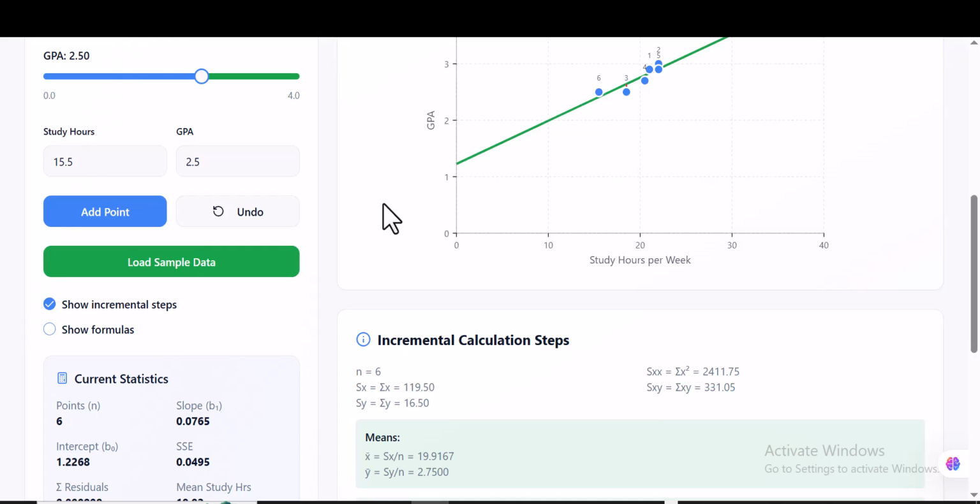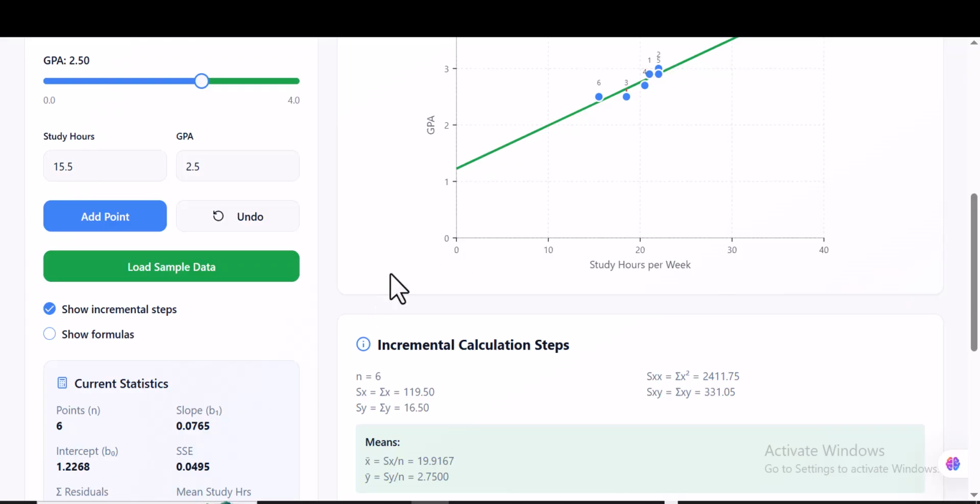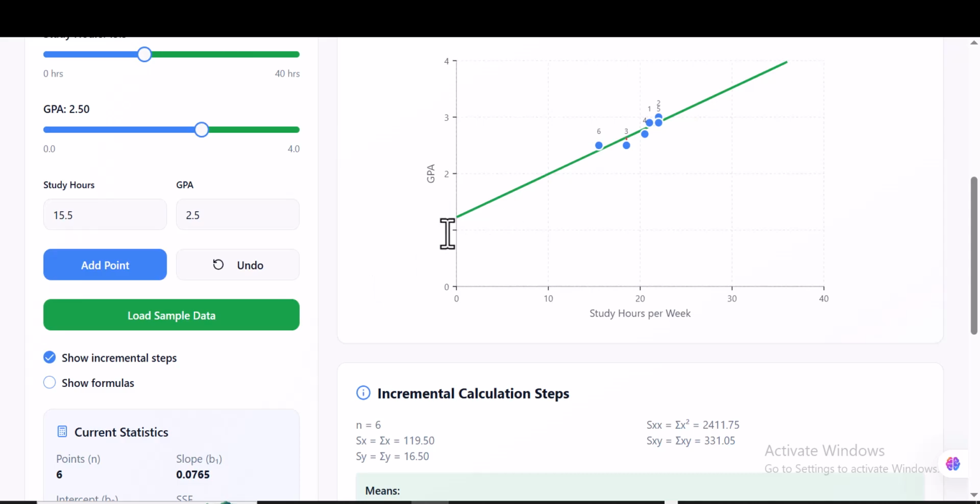Now the most important question is how this slope and y-intercept are calculated. Intuitively speaking, what the regression line does is find a regression line, the model line, which represents all the points.